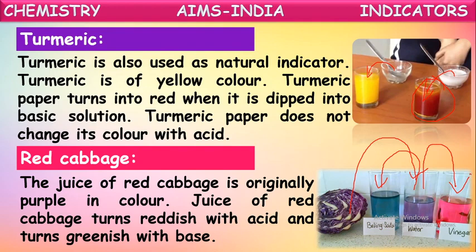Okay, these all come under natural indicators. These are all extracted from natural substances, either red cabbage, turmeric, or litmus. These are all natural indicators, extracted from natural sources.